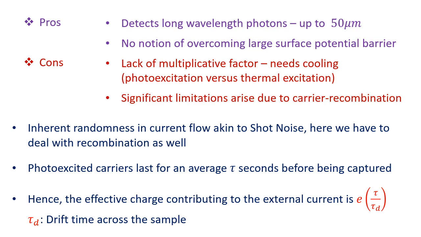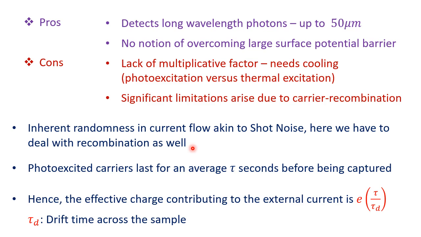So now you see there is an inherent randomness in this process. The randomness comes about because of this recombination. Clearly, this is the kind that we looked at for shot noise, right?